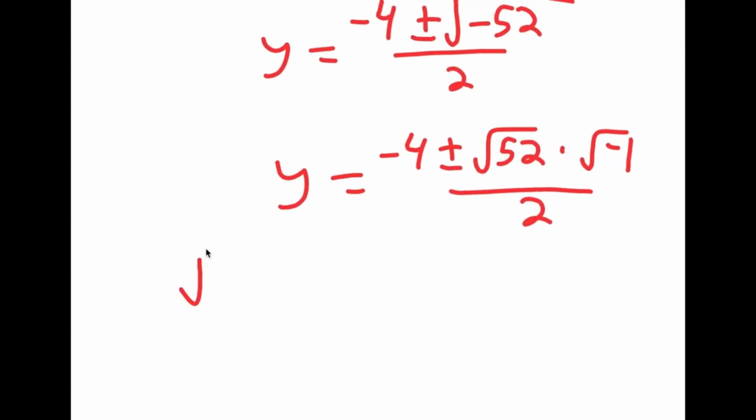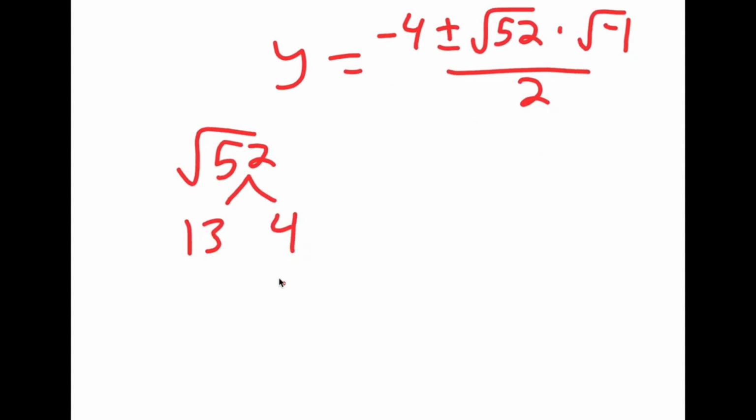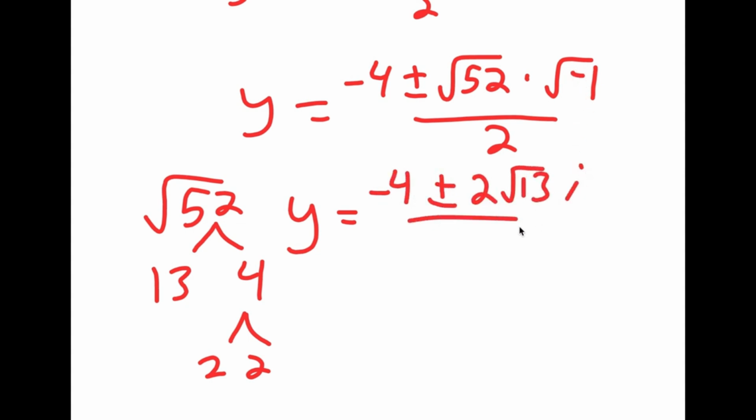And the square root of 52 can be simplified: 52 is 13 times 4, and 4 is 2 times 2, so this can be 2 root 13. So I get y is equal to negative 4 plus or minus 2 root 13 times the square root of negative 1, which is simply equal to i, over 2.